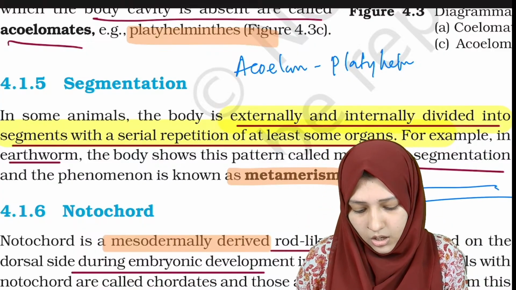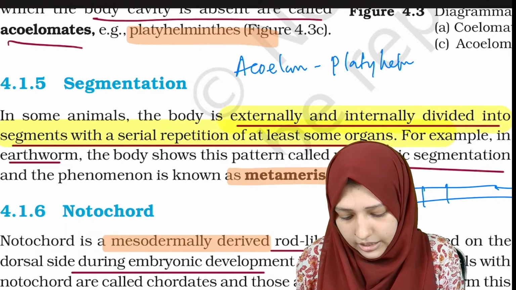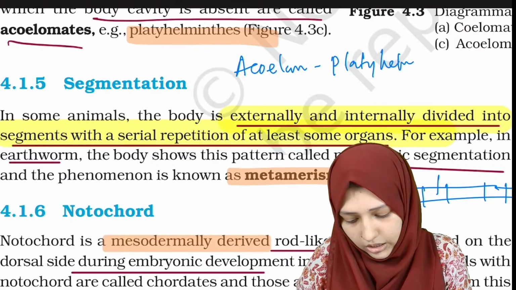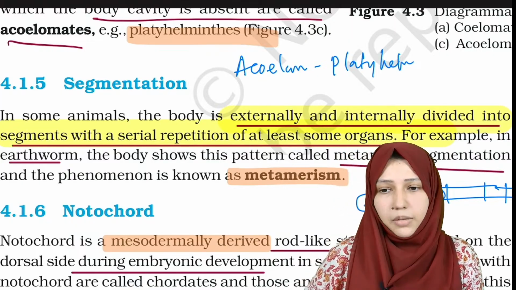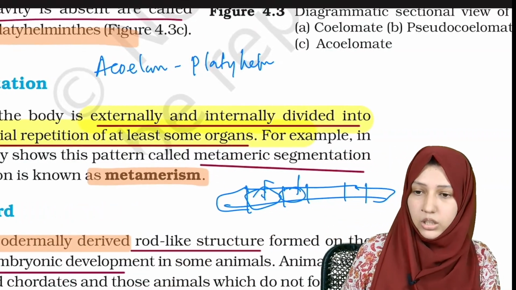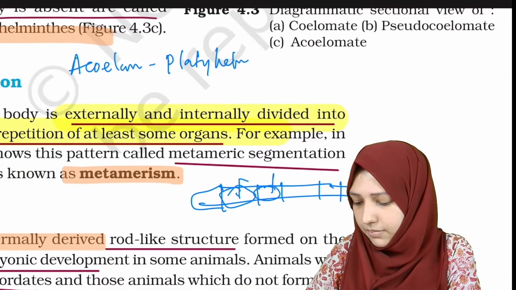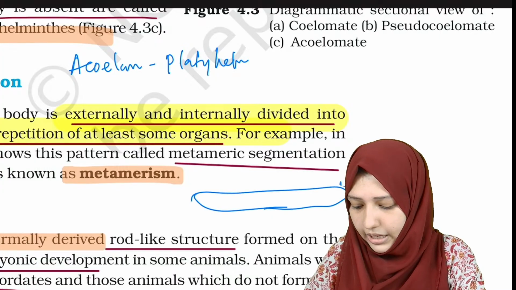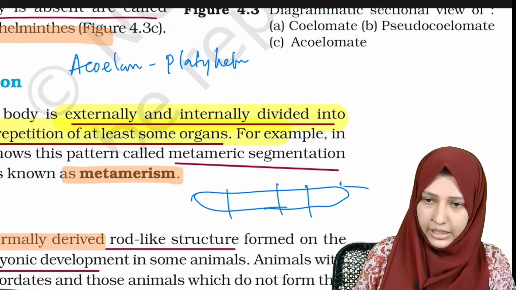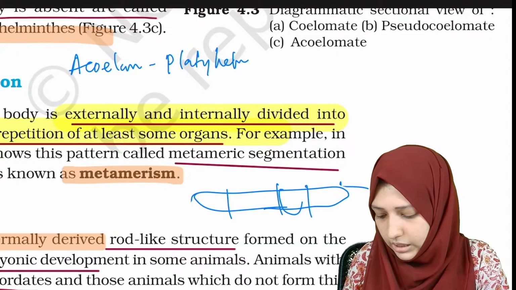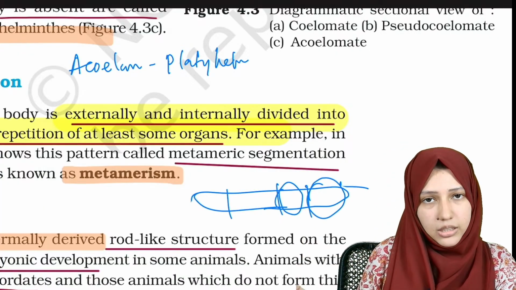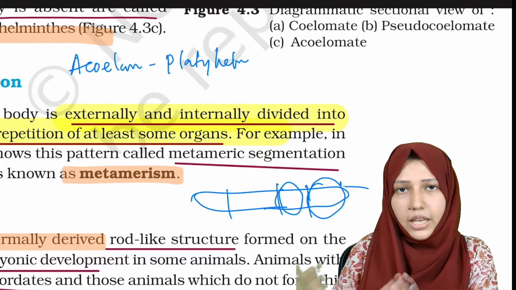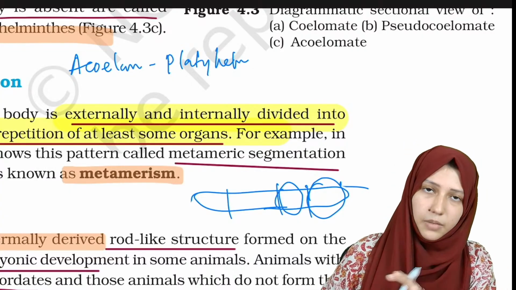See, this is the organism and the segments will have serial repetition. This is one segment, this is another segment. Okay, this is the organism, and if the organism is divided into segments, both segments will have the same organs, which means there will be a repetition of the organs, and the segments will be alike.